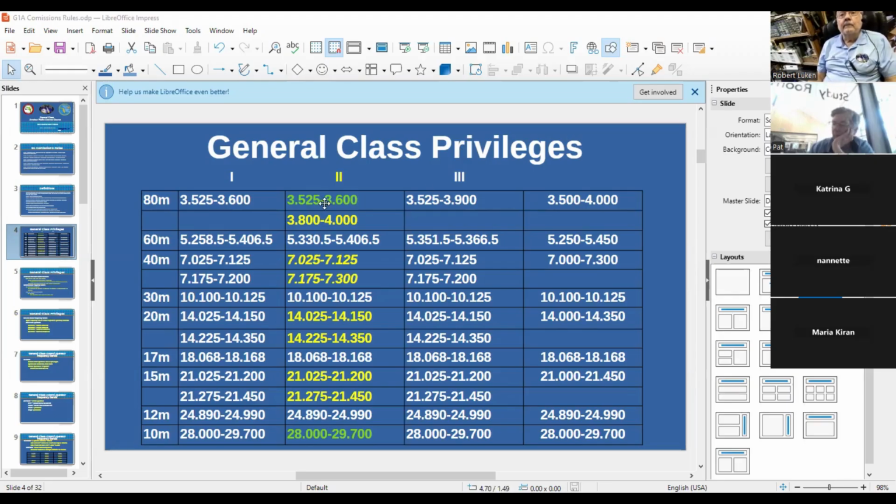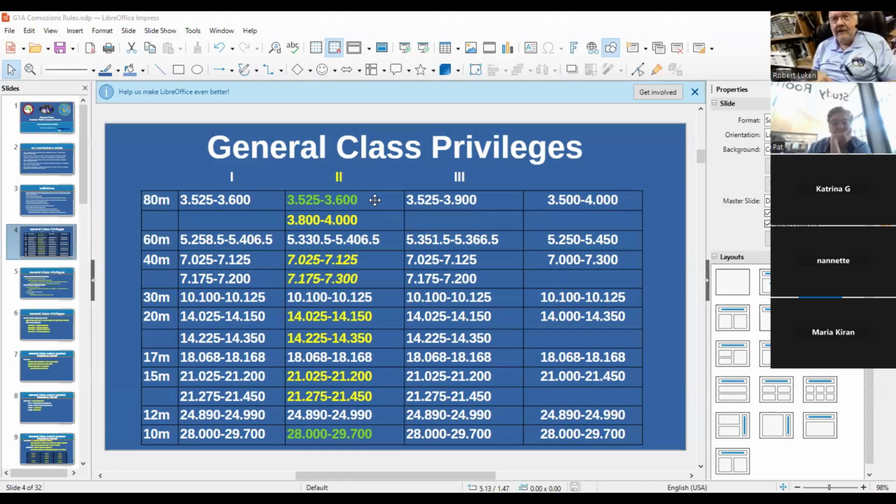The reason I did that first little subband in green is that's for CW on the 80 meter band. And the reason there's two frequencies in between 3.6 and 3.8, it's allocated specifically to amateur advanced and amateur extra licenses.